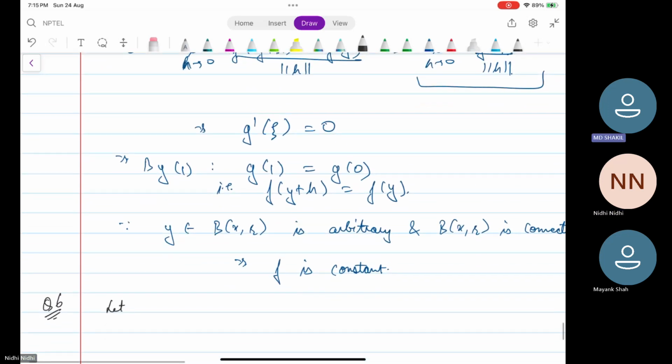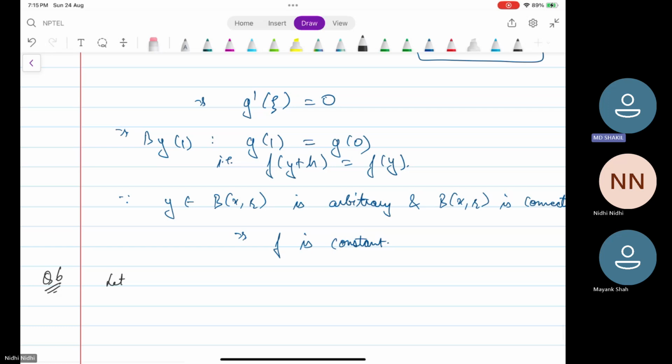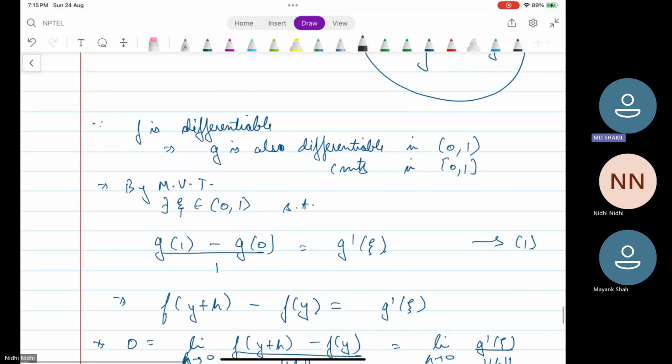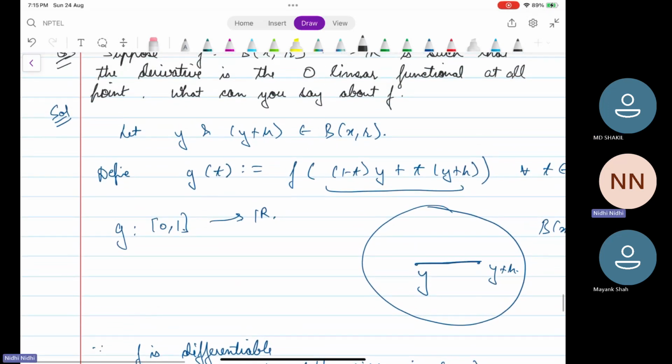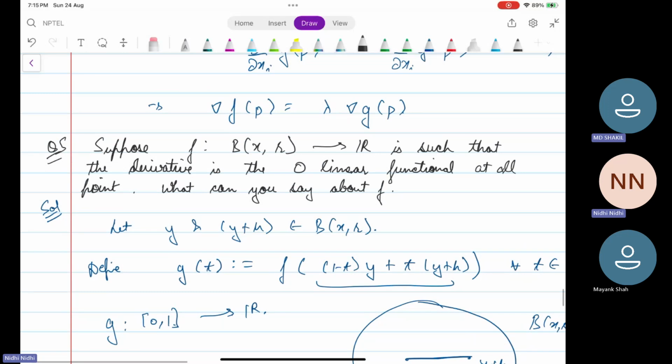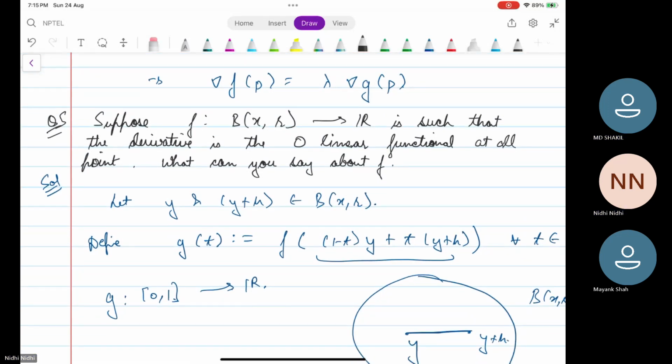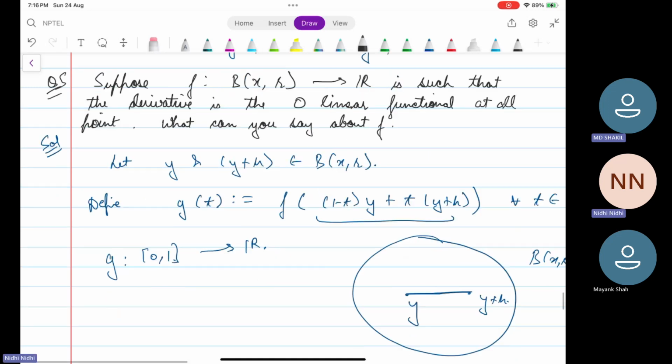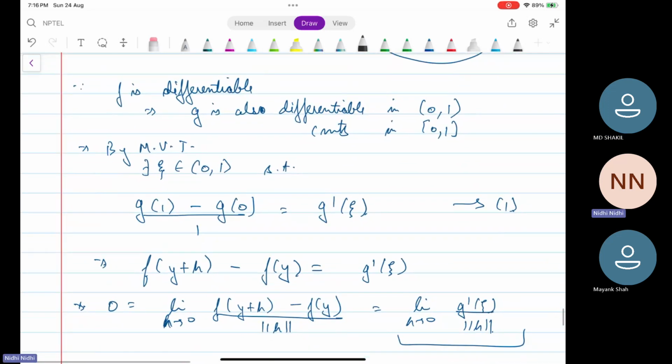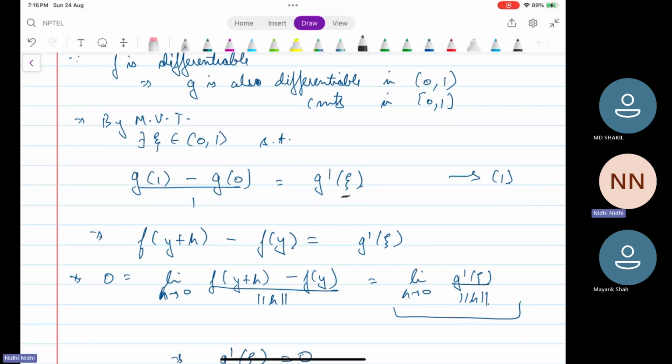If a function f is from a subset U of Rn to Rm, and for any two given points, if the line joining the two points lies in U, then this xi lies on the line joining the points.